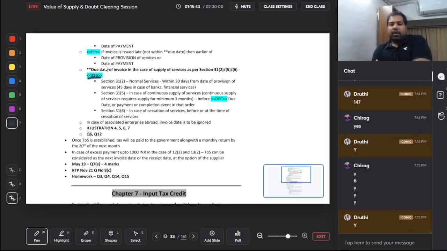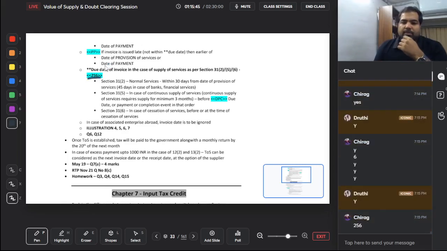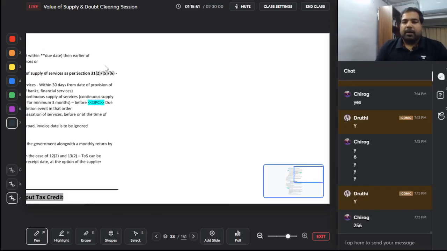I just want to discuss one small concept here. Guys, let's say someone has provided you services for 970 rupees. It can be your electricity company, your CA, an accountant.